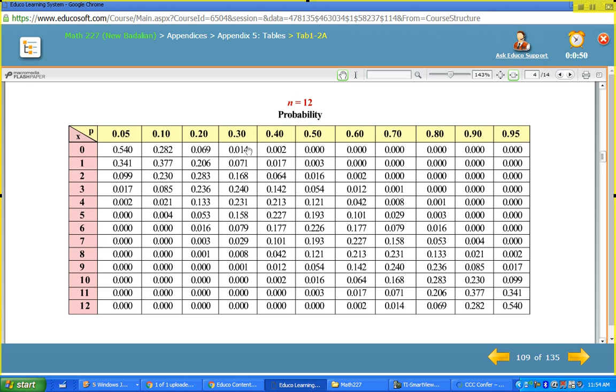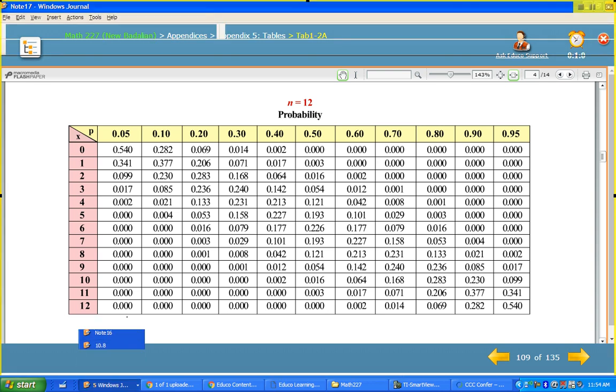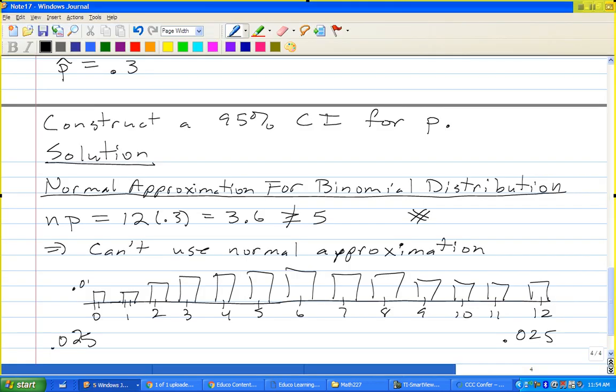Well, that's less than 2.5%. But if I add these two together, that's more than 2.5%. And so that's 0.14, and that's outside of my confidence interval. That's my tail. But if I go any further, it'll be too big.